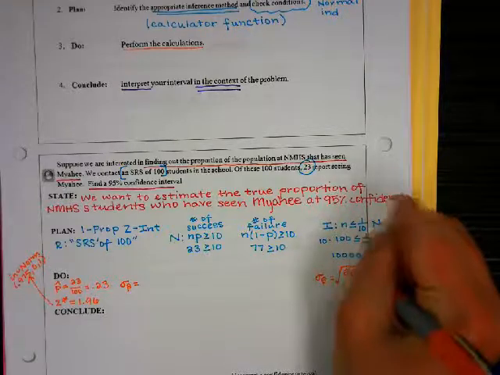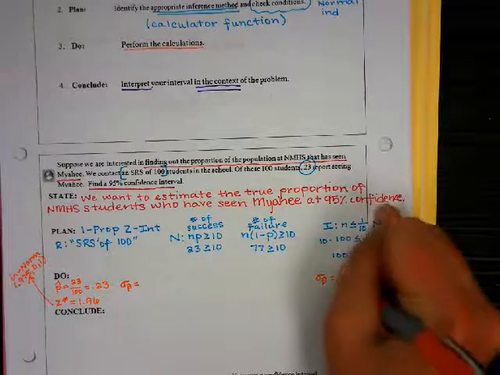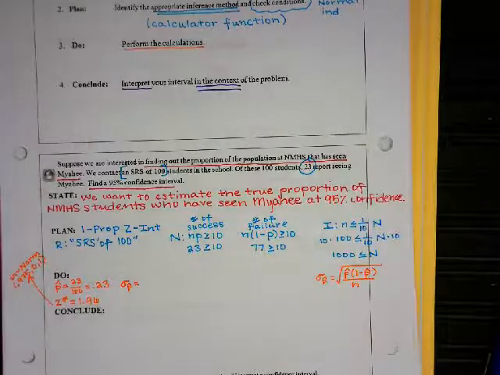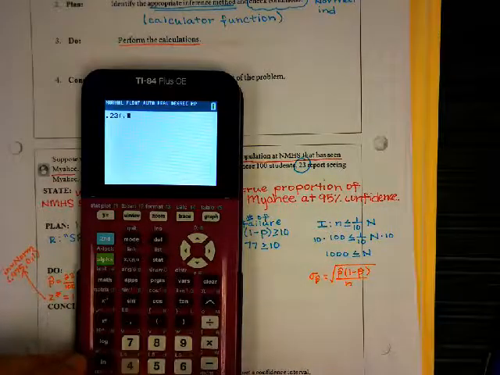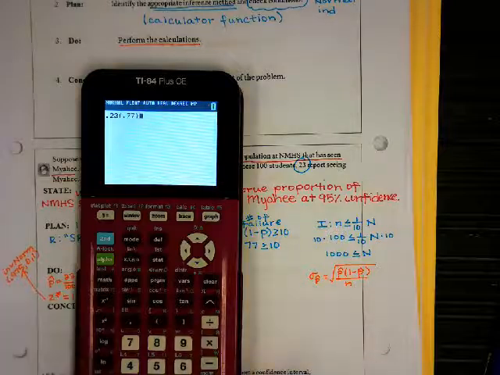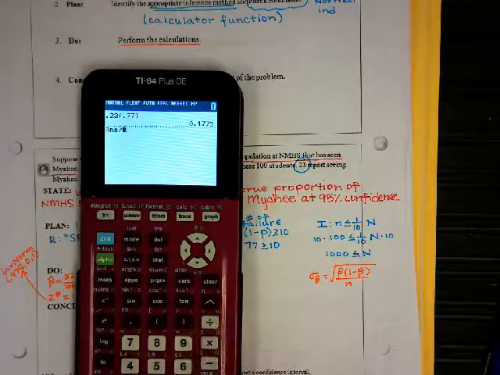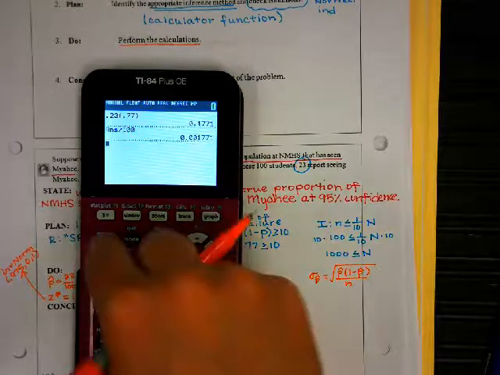P-hat is 0.23, which means 1 minus p-hat is 0.77. And then I would divide by 100 and square root that. So I get 0.042.